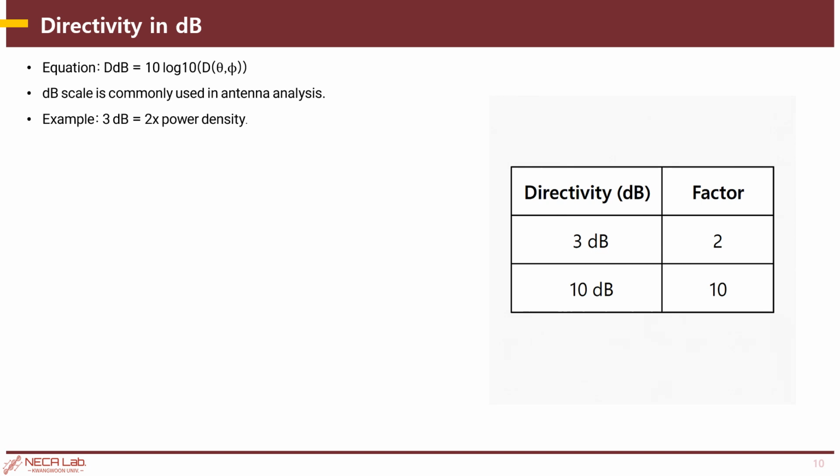For example, a 3 decibel increase means the antenna radiates twice as much power in a given direction compared to an isotropic source. On the right, the table shows that 3 decibel equals a factor of 2 and 10 decibel equals a factor of 10. Understanding directivity in decibel helps us evaluate and compare antenna designs more effectively.